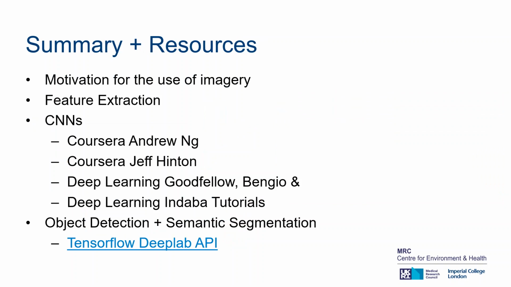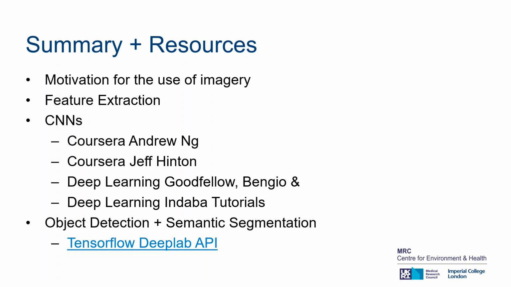So we've looked at how some of these images are being used. We've looked at feature extractions from old to new. I would recommend Andrew Ng's Coursera course, as well as Geoff Hinton's course, as well as reading, if not the whole book, some chapters of the Deep Learning book by Ian Goodfellow, Yoshua Bengio, and one more author who I've forgotten.